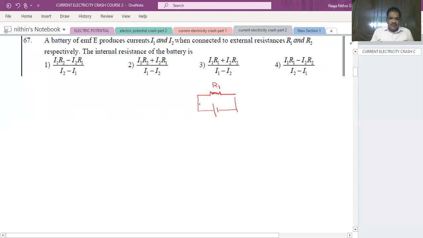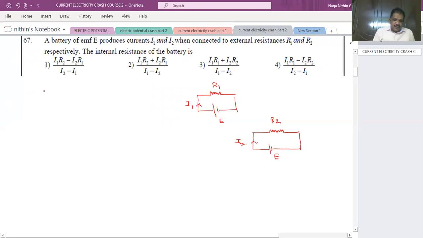Then current flowing through the circuit will be I1. The same battery connected to external resistance R2, then current flowing through it will be I2. Then what is the internal resistance of the cell?